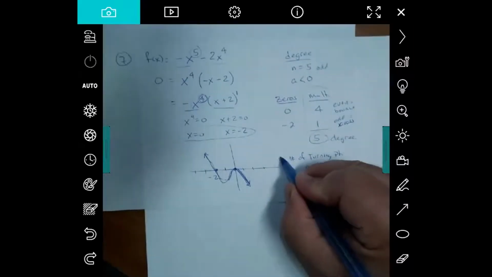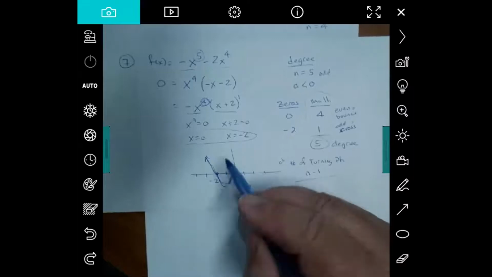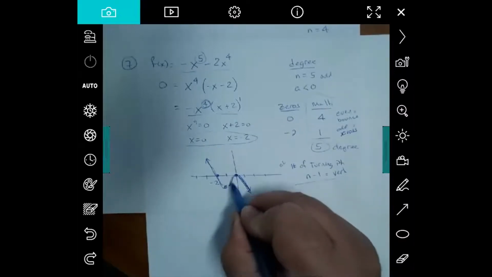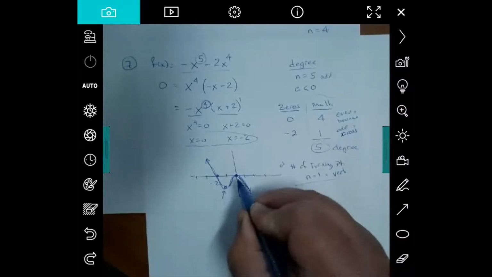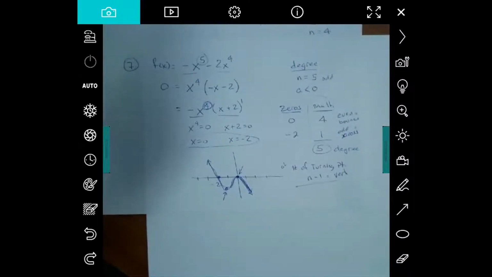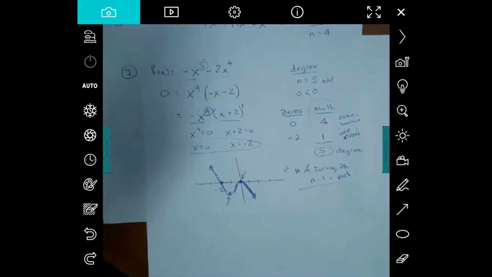Well, yeah, it is at most, right? In other words, the number of turning points is the number of vertices. So we'll have at most 4 vertices. We have 1 vertex there and 1 vertex there. The turning points are the vertices.